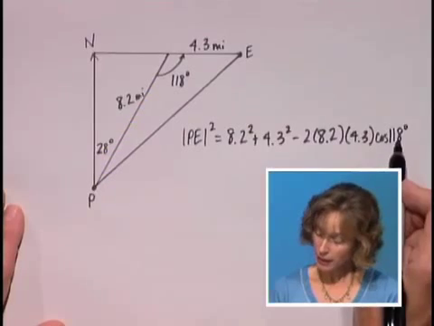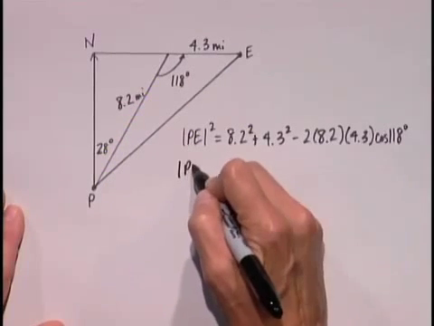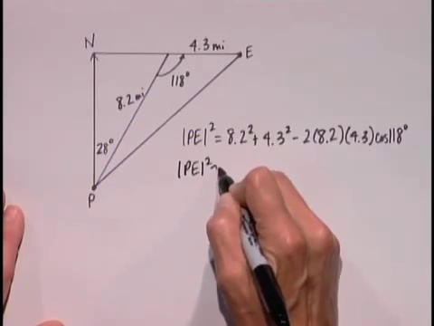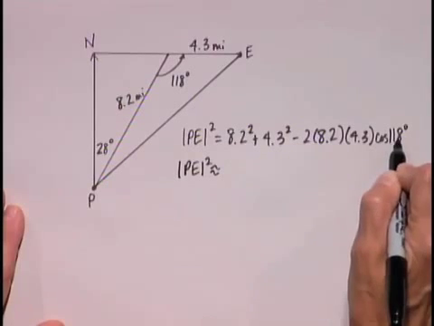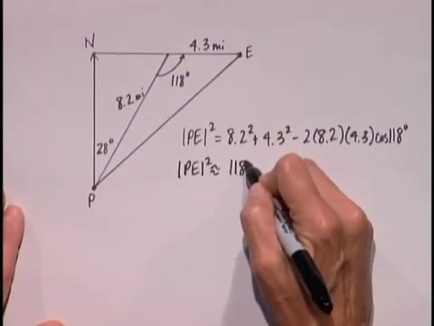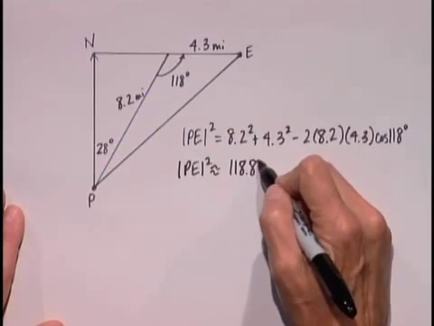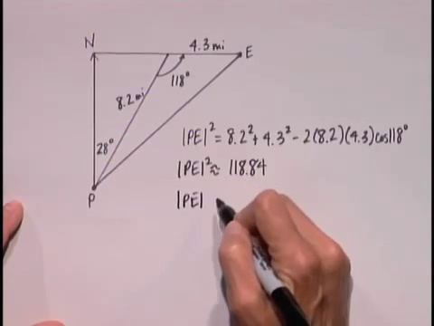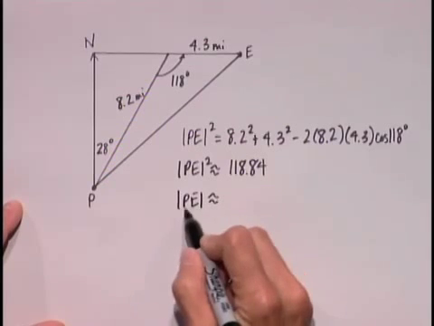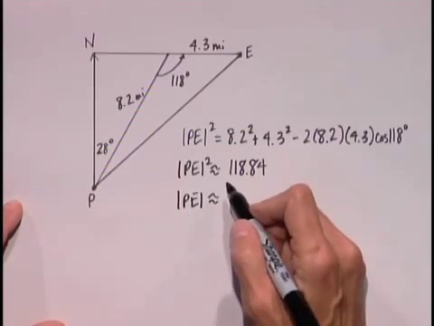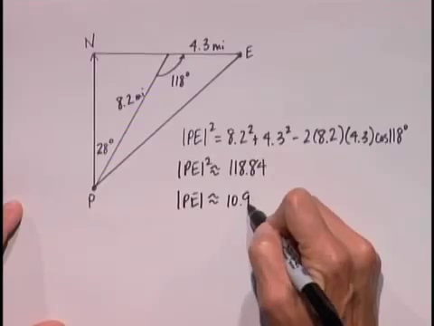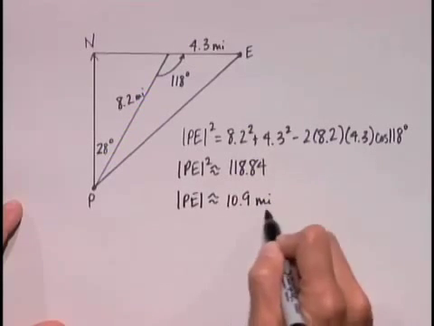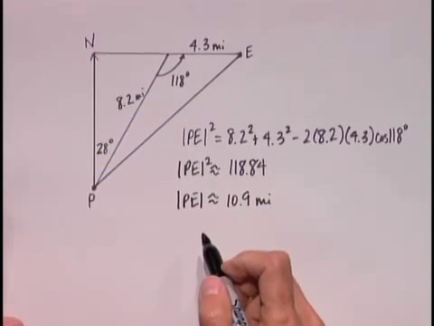Now I need to calculate that value. The length of PE squared then is about, if you do this on your calculator, 118.84. Finding the square root, the length of PE, which is the distance of the ship from port, is about 10.9 miles, and that's part of the answer that we're looking for.